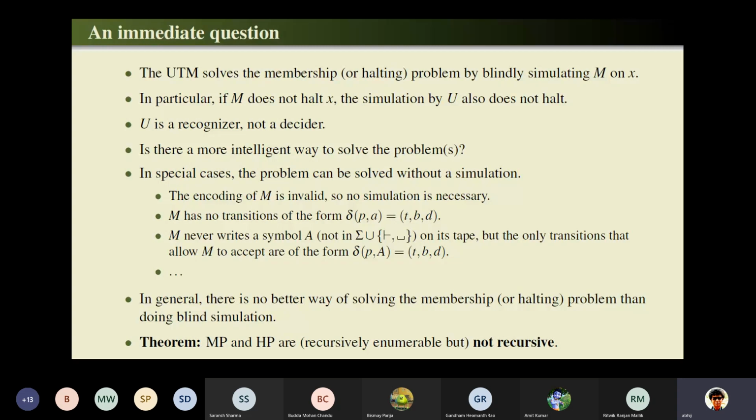And the same thing is true for the halting problem, HP. So this is what we are now going to see. In fact, I will give a diagonalization proof for the halting problem. You can very easily adapt that proof to the membership problem.